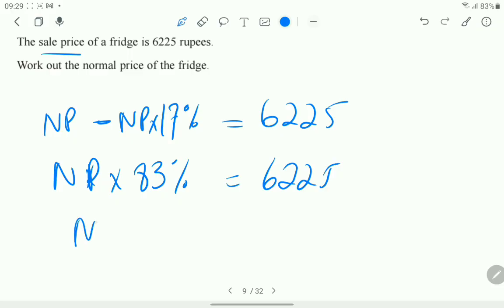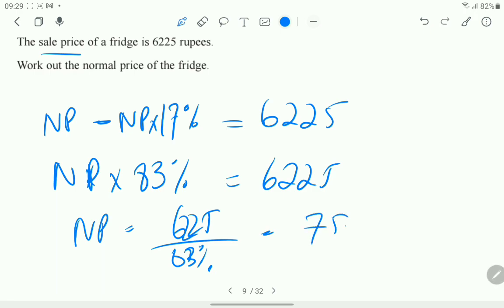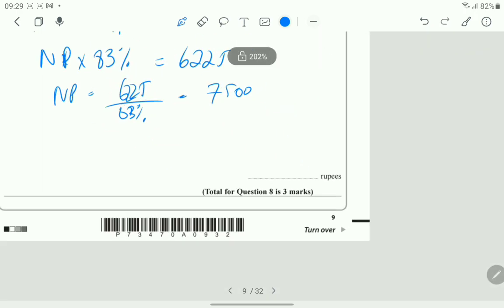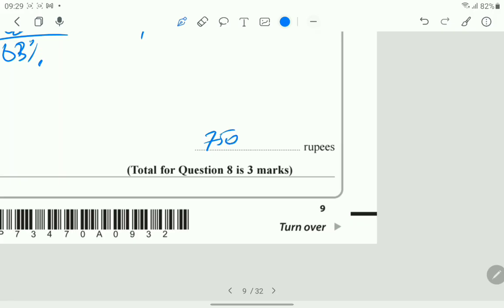By solving this, we get 6225 divided by 83%, or 0.83. We get 7500 as the normal price. So this is your final answer.